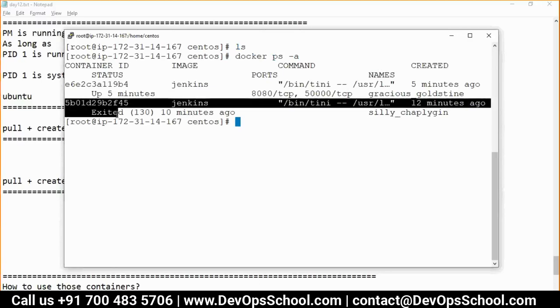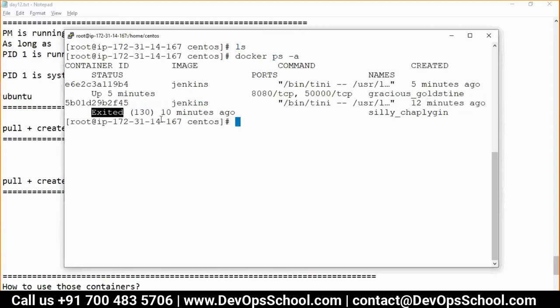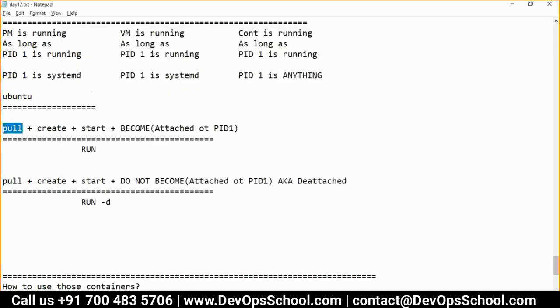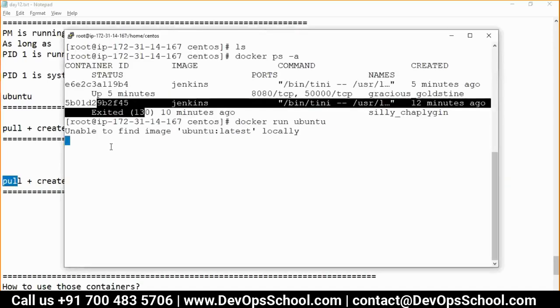One container got exited. Why did it exit? Because the process got exited, so the container got exited. Now let me prove it with another image. Docker run ubuntu. I do not have the Ubuntu image, so it will download.